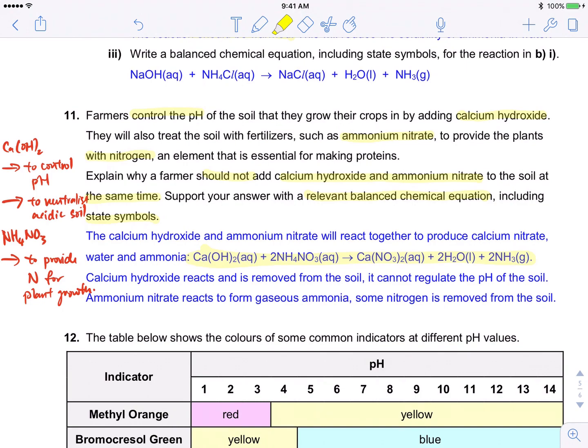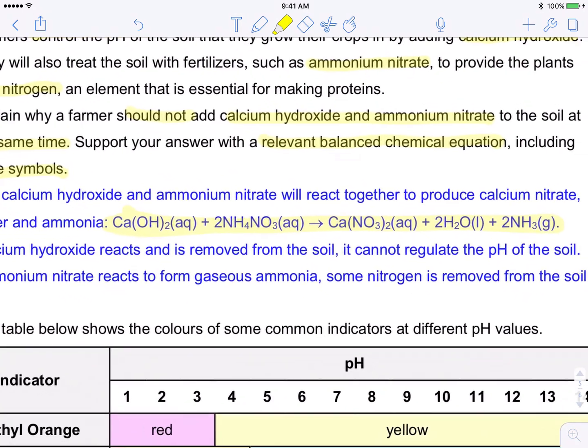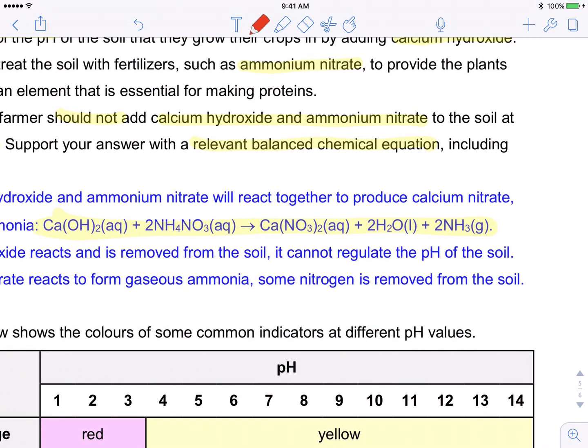So why is this bad? Note that when this reaction occurs, I have less hydroxide, I have less nitrogen. Why do I say I have less nitrogen in soil?